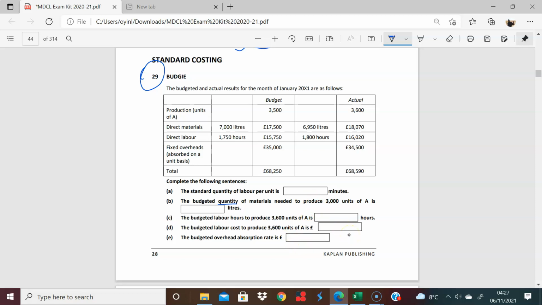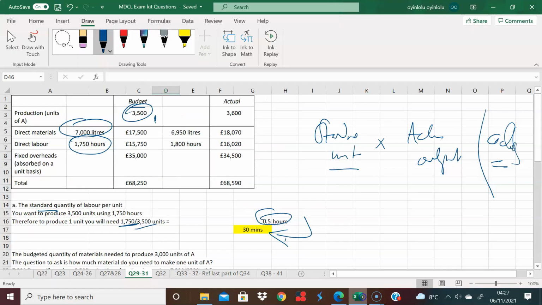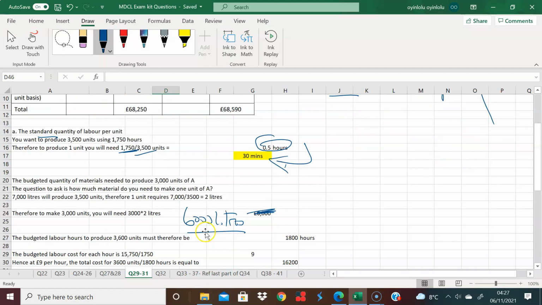We just want quantity, and we need to find out what it is for one unit first. We know it's 2 liters for one unit, and therefore for 3,000 units we would need 3,000 times 2, which is 6,000 liters.